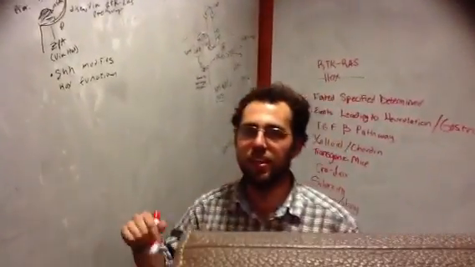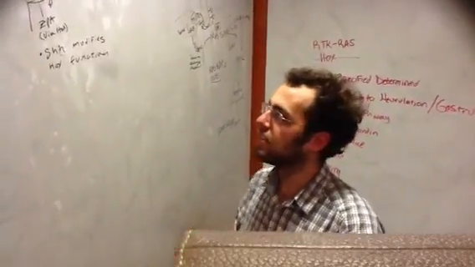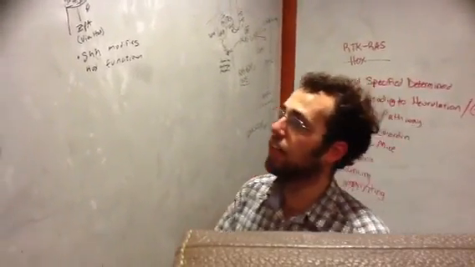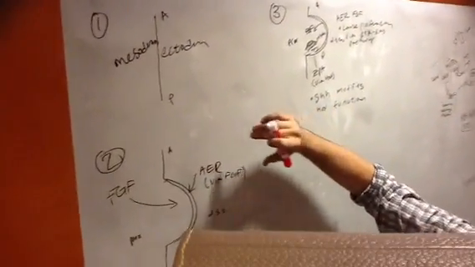All right, so now we're going to talk about limb development and the RTK-RAS pathway and how they're related. So we'll just go through the steps of limb development.